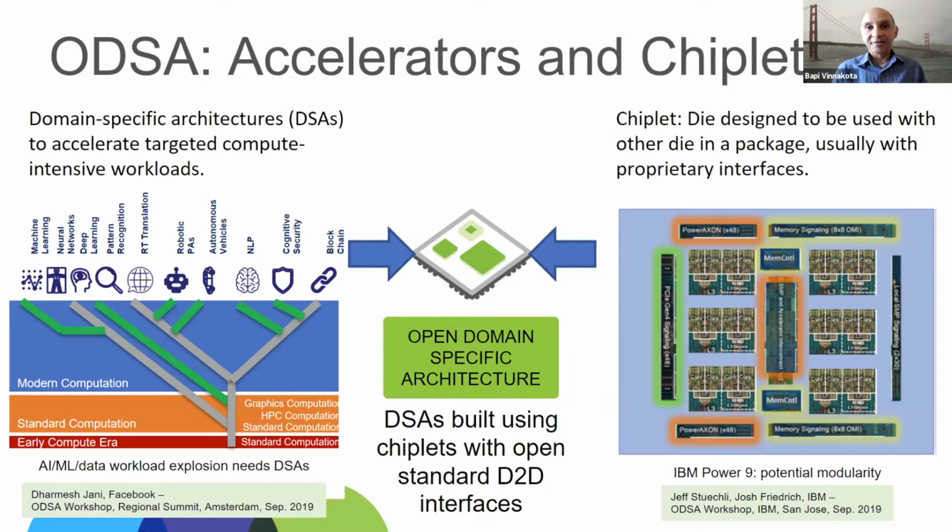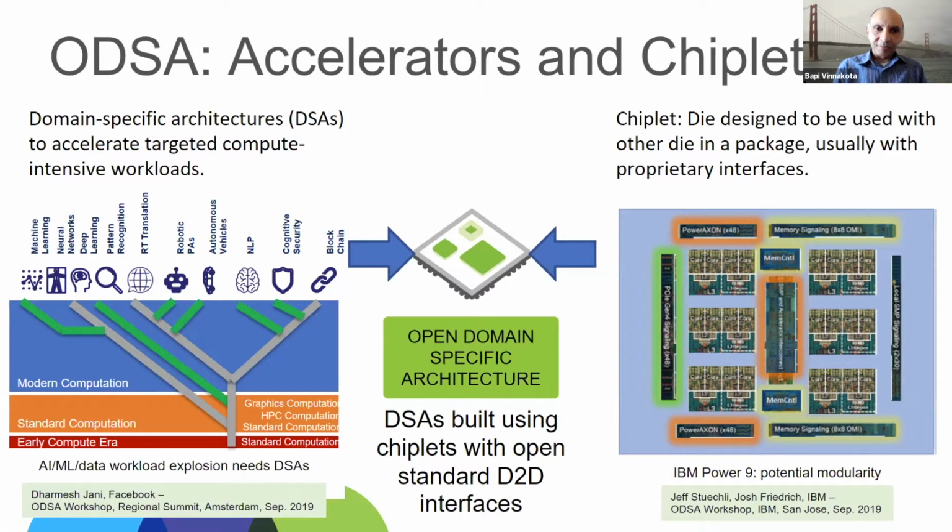So our particular group is focused on this idea of chiplets and really saying, can we build accelerators out of chiplets? More importantly, can we build accelerators which are a collection of chiplets with open interfaces, so you can mix and match and integrate chiplets from multiple vendors into one package. The picture on the right is an IBM Power 9 reimagined as a collection of chiplets, by Jeff Stuecheli and Josh Friedrich from a workshop we held at IBM about a year ago.